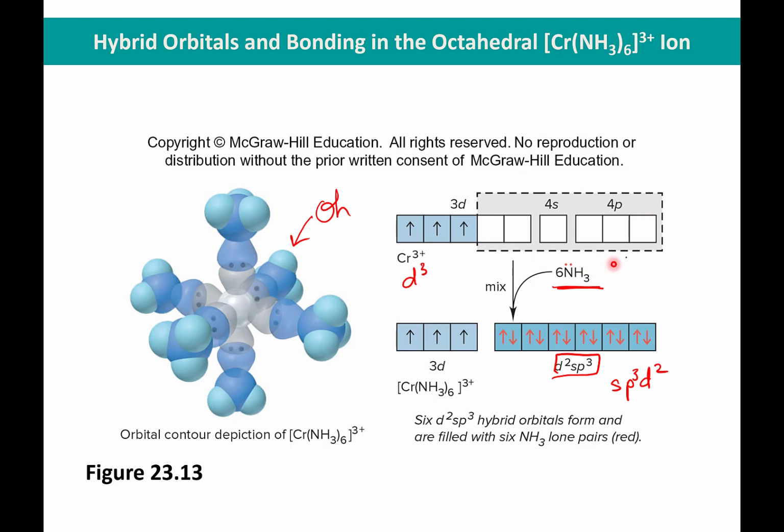So these 6 orbitals are going to mix together to give a hybridization of sp3d2. So just like we already saw sp3d2 for SF6, we have a very similar hybridization taking place for our chromium 3+, but it's a little bit different because it's these upper level empty orbitals that are hybridizing together. They're empty orbitals. So then the lone pair from 6 different amine ligands can go ahead and donate to those empty hybridized orbitals so that we end up with 6 coordinate covalent bonds.